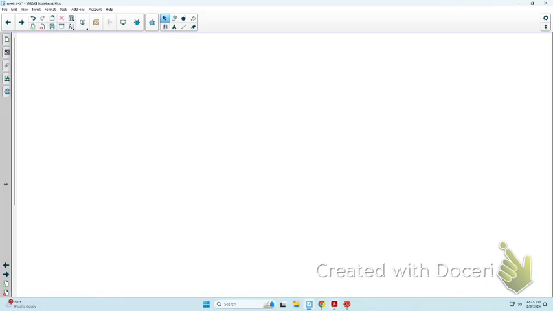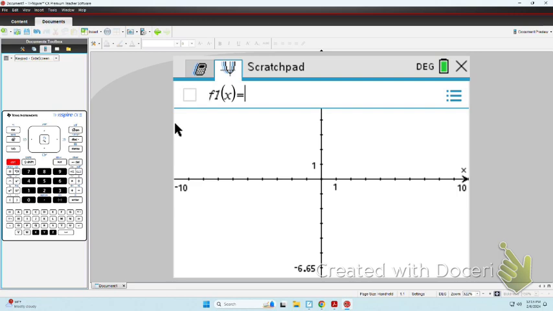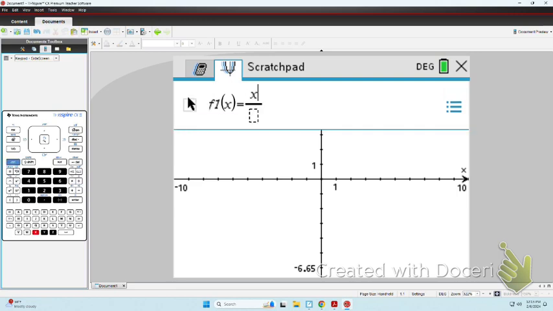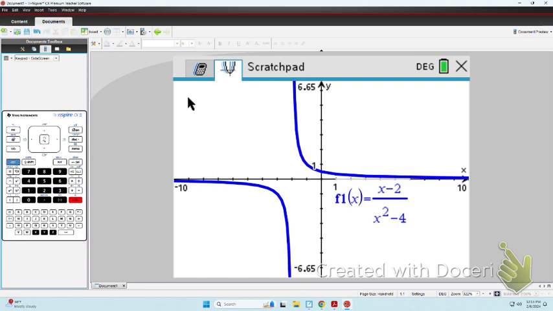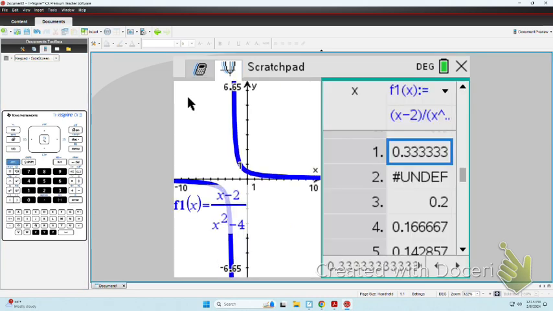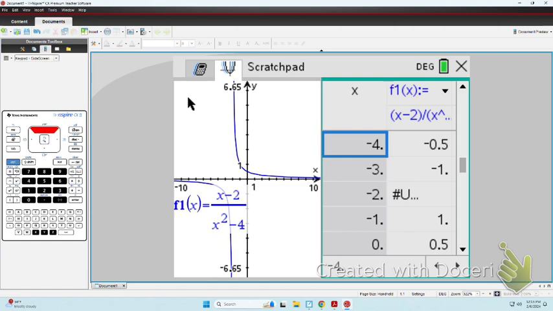So in the calculator, we have a fraction, x minus 2 over x squared minus 4. And when you see the table, you'll see something weird is going on at 2 right here. But if you go to -4, it's -0.5 down. -3 is -1 down. -1 is 1 up.